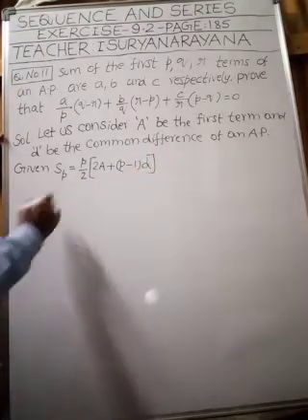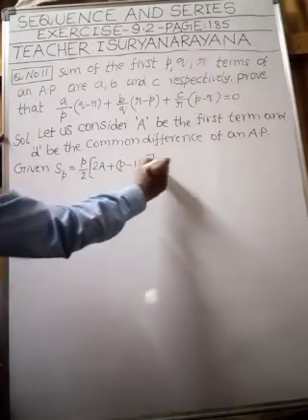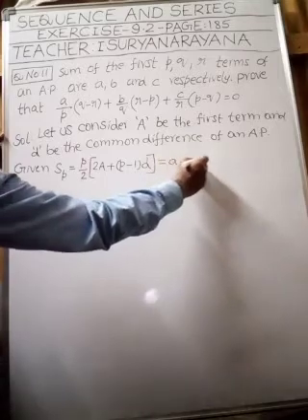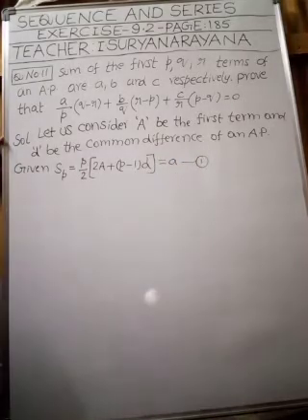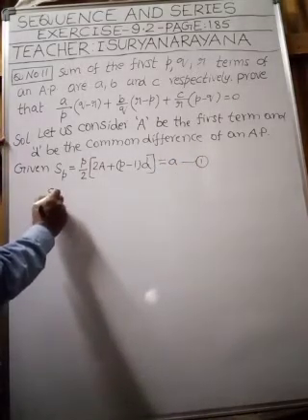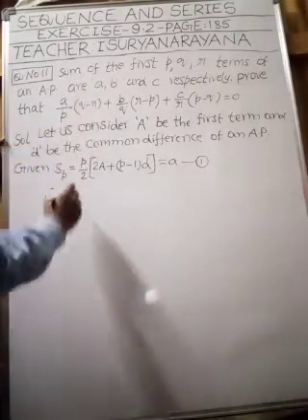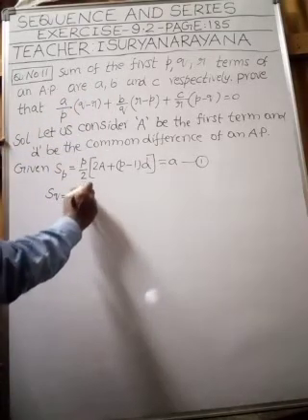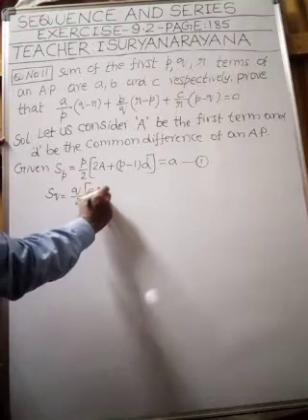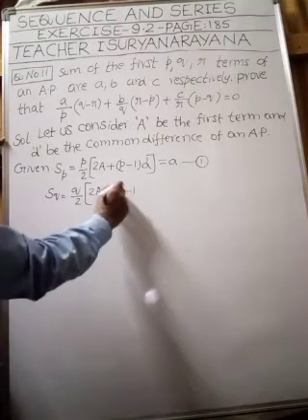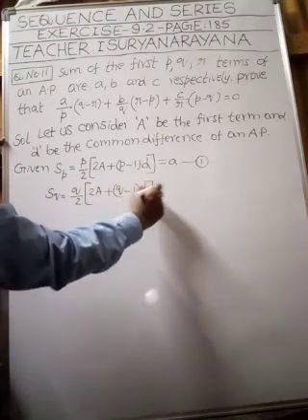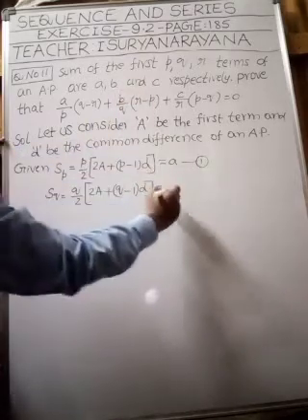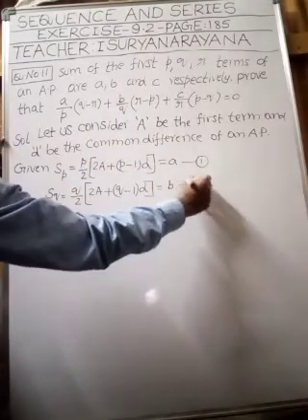Similarly, this is equal to A. Let us consider this as result 1. SQ, the sum of the first Q terms, is Q by 2 into 2A plus Q minus 1 into D. This is equal to B. It is given in the question itself.